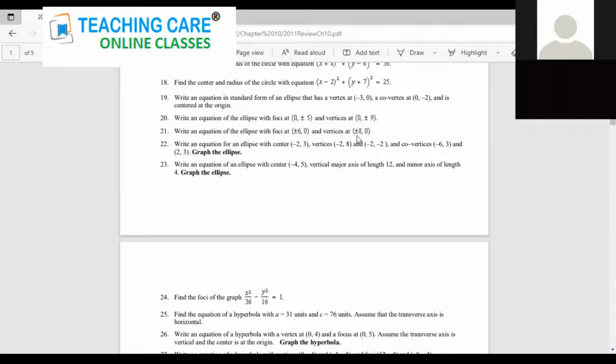X minus 0 squared divided by 25 plus y minus 9 squared divided by 25 equals 1.